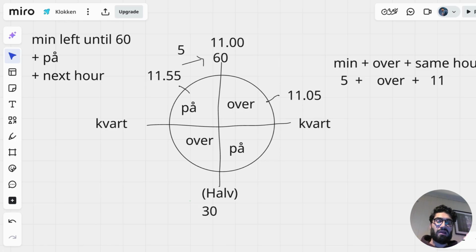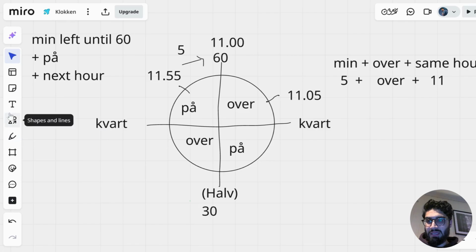What's the next hour after 11? 12. So fem på 12 is the correct one. And this way we say it for the last 15 minutes, from 45 until the next hour, we say it like this with this rule.